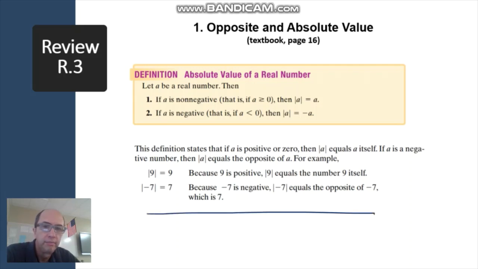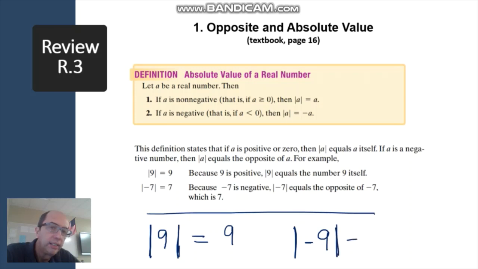Let's check the examples. The representation of absolute value is two vertical lines. The absolute value of 9 equals 9. But the absolute value of negative 9 is also equal to 9.